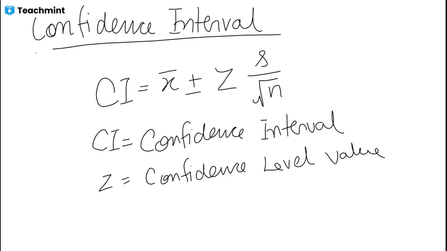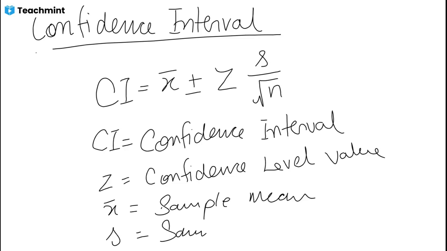And x bar you know very well, it is the mean, or you can say sample mean, because mu is population mean. And this s is sample standard deviation, because sigma is population standard deviation, and s is sample standard deviation.